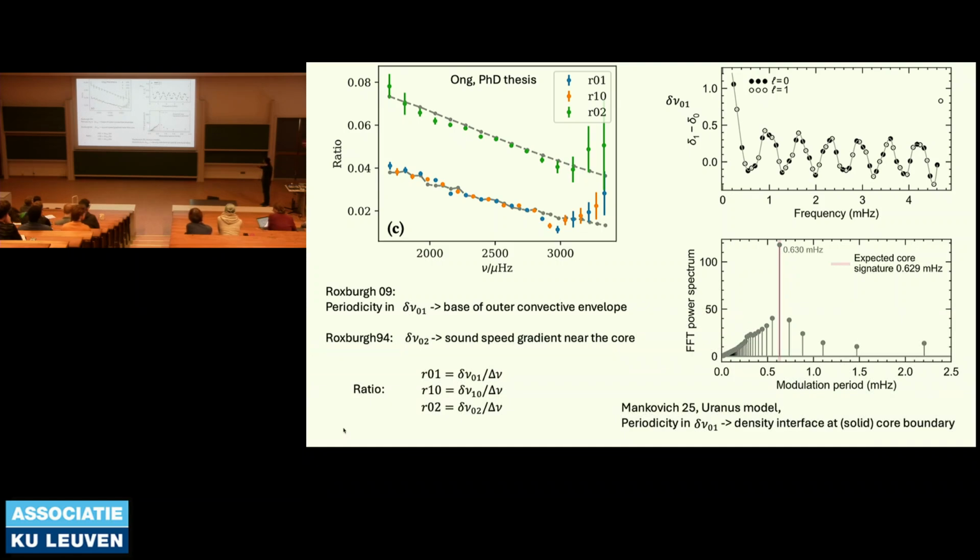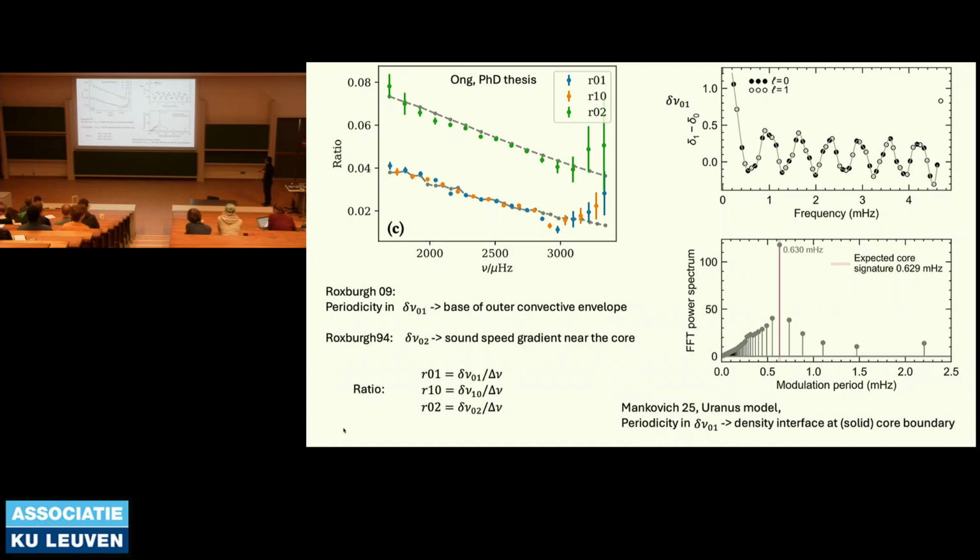Actually, this periodicity in this delta nu 01 is closely related to the core signatures, because this model of Uranus has a solid core which the sound cannot penetrate. So essentially, if you do a Fourier transform of this diagram, you get a peak which is closely related to the core signature.